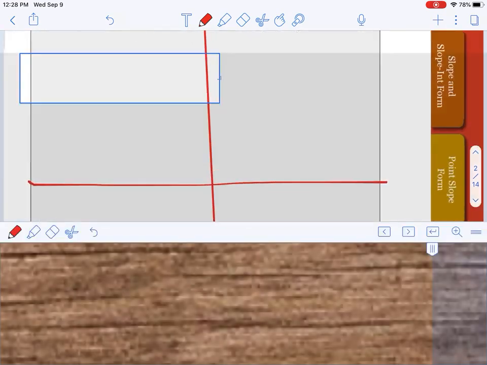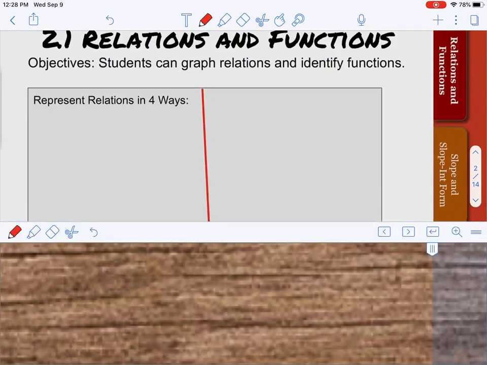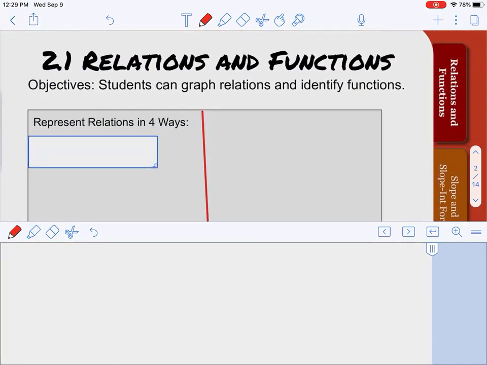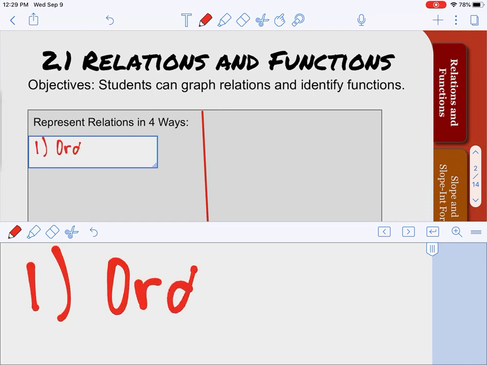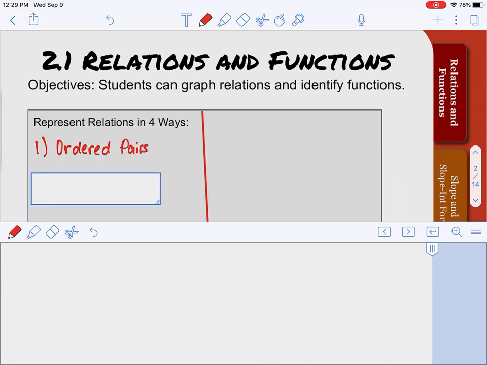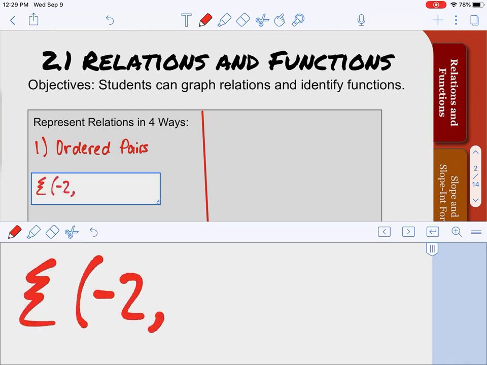The first way is called ordered pairs. So we are talking about relations. A little fancy curvy bracket just is describing that this is a relation.